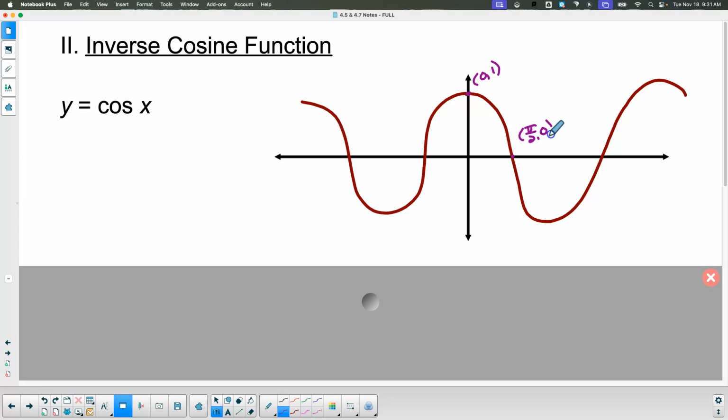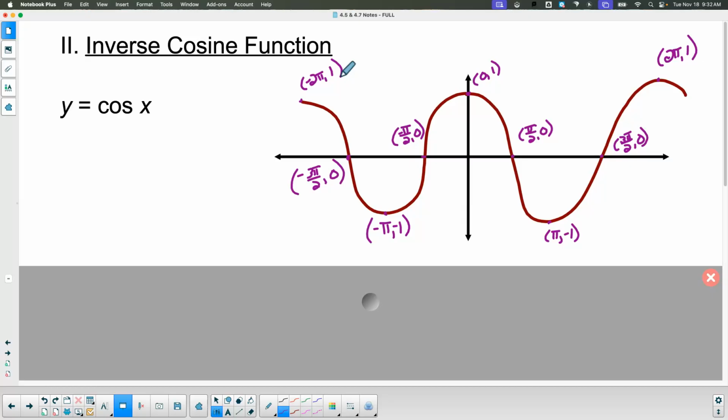Pi over 2, 0. Pi, -1. 3 pi over 2, 0. 2 pi, 1. -pi over 2, 0. Negative pi, comma, negative 1. Negative 3 pi over 2, comma, 0. And negative 2 pi, comma 1. Agree with all those?